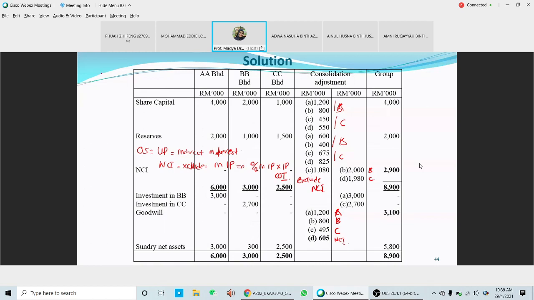The ultimate parent is accounted for using the indirect interest, and the NCI needs to exclude the NCI in the intermediate parent. We have to find the NCI in the intermediate parent: the percentage in the intermediate parent times the intermediate parent COI. Okay, so remember this one.